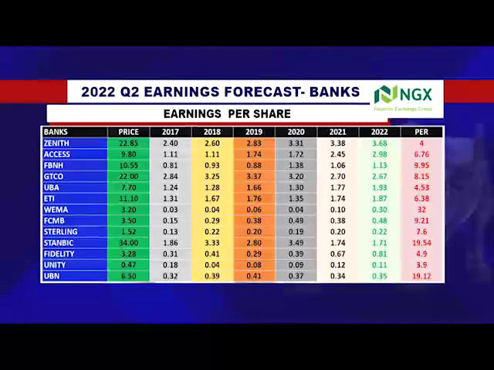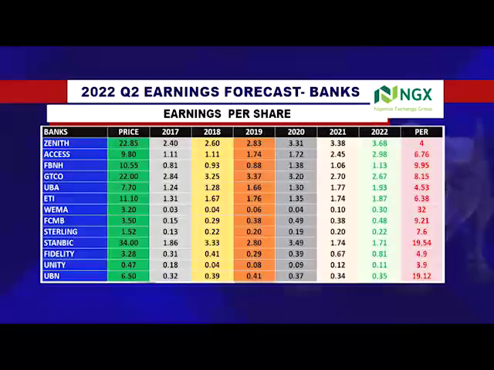From 2017 to 2018 to 2019 to 2020, as a matter of fact, to 2021. So the column 2022 is the forecast that we have generated, because 2022 earnings are yet to be released.